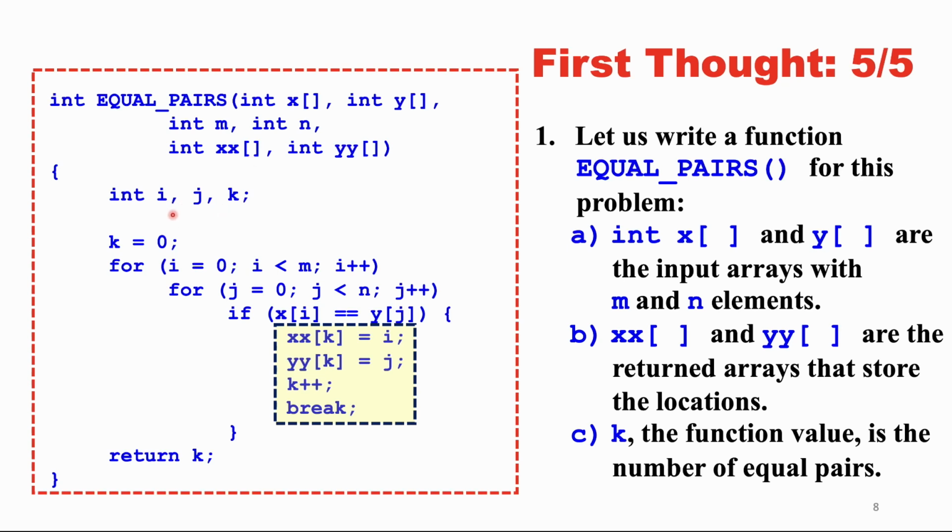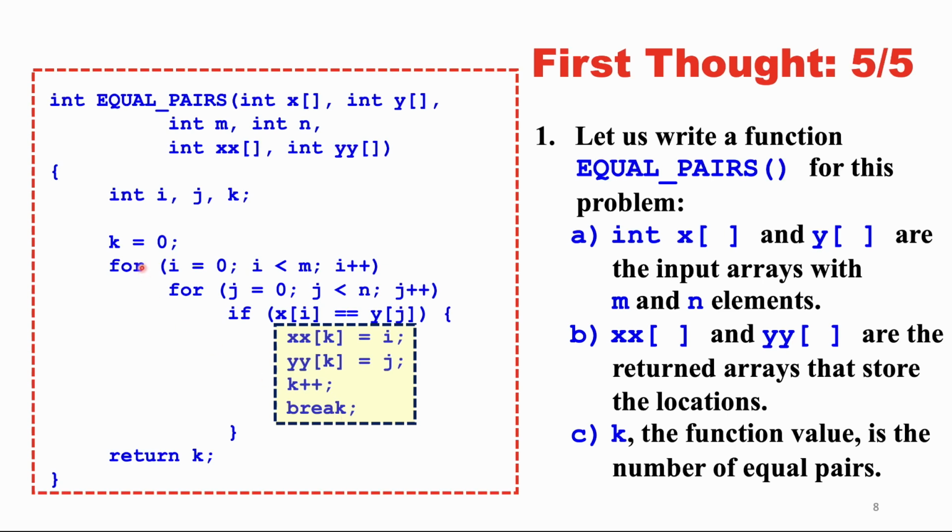In the function, we have i, j and the counter k. So for every i, we compare xi against every element of yj. Once we have found an equal pair, we store the location, increase the counter by 1, and then break out, because all the remaining y's, yj plus 1, yj plus 2, up to yn minus 1 cannot be equal to xi.